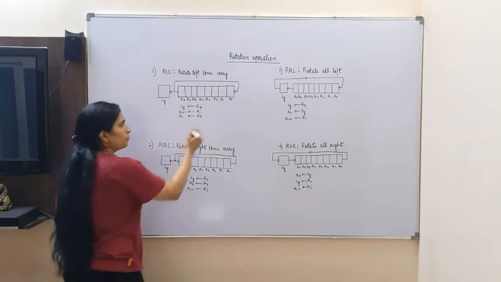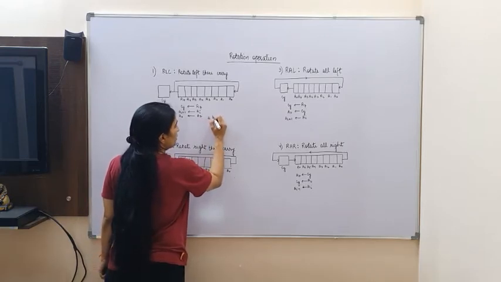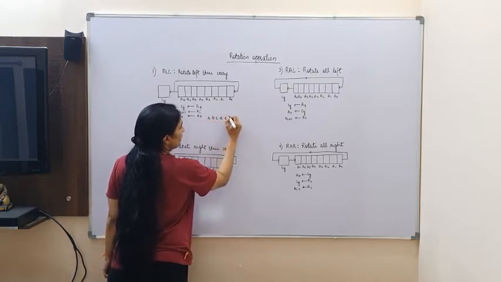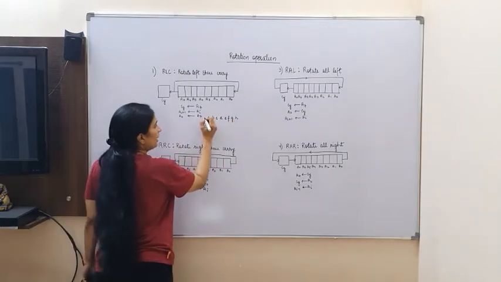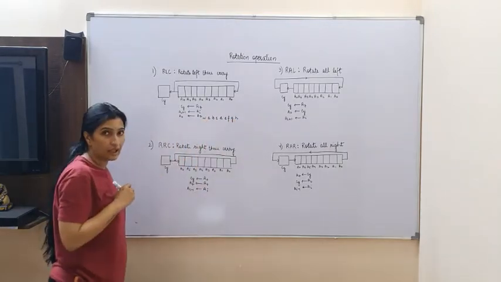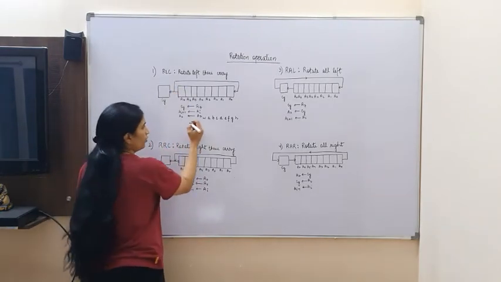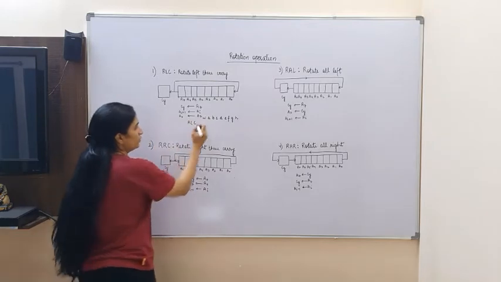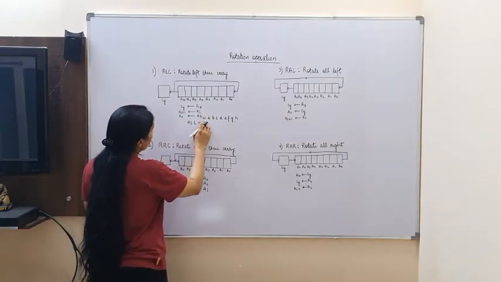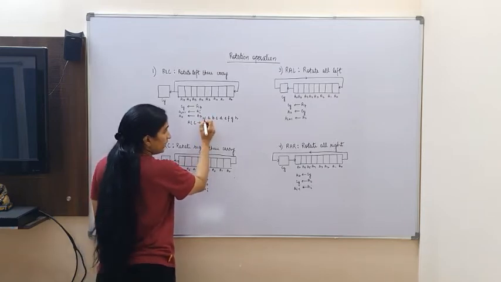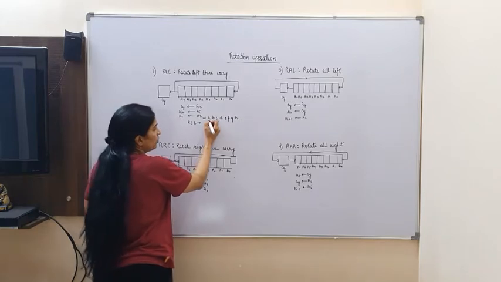For example, let us take A, B, C, D, E, F, G, H as the 8 bits of the accumulator, and W as the carry bit. What happens when RLC is executed? The content of carry, W, will be overwritten by A7, the MSB of the accumulator.